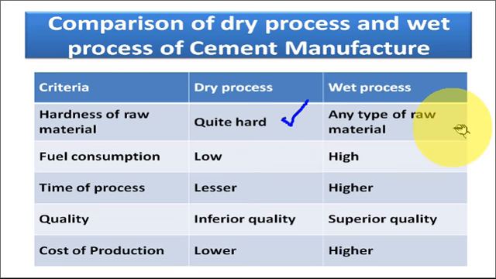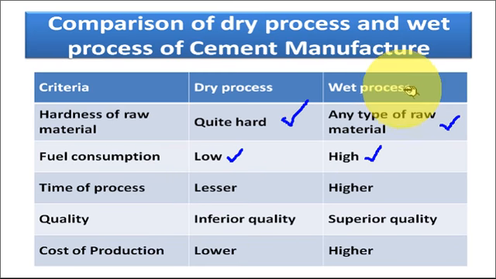While if the raw material rocks are not so much hard, then wet mixing is preferred. In case of dry mixing, the fuel consumption is low, while in case of wet mixing, the fuel consumption is high, because in the wet mixing, excessive fuel is used to evaporate the moisture content later on.